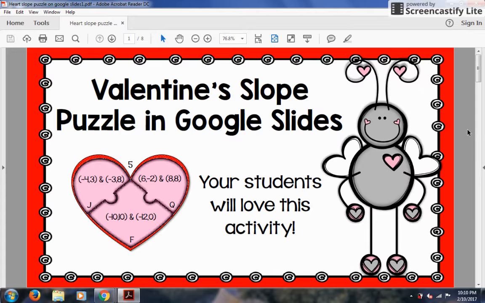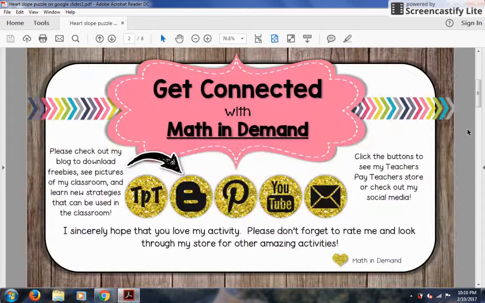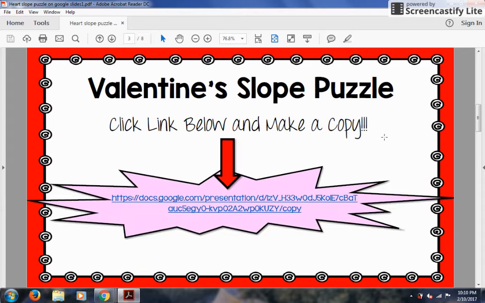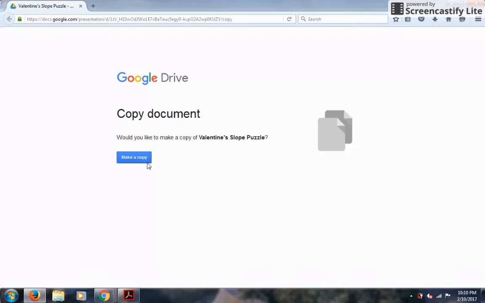And once you purchase the activity, you will receive a PDF. And in that PDF, you will have a link that will take you to make a copy straight away of my activity. So I'm going to go ahead and click there so you can see the activity. So again, it's going to ask me to make a copy, and I'm going to make a copy.